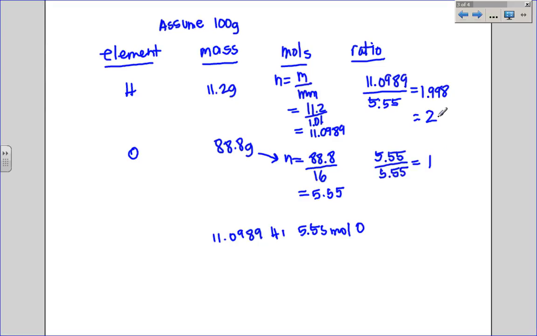So what we have here is when we have this sample that is 11.2% hydrogen and 88.8% oxygen, that's the equivalent of for every 2 hydrogens, there is 1 oxygen. So therefore the formula is H2O. Okay? And it just so happens that this one was water.